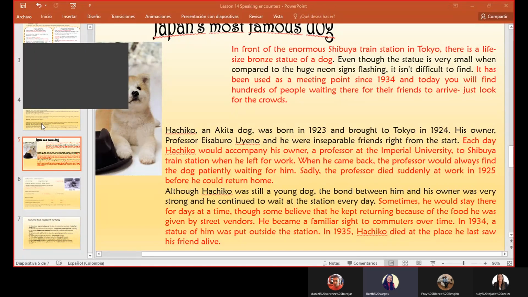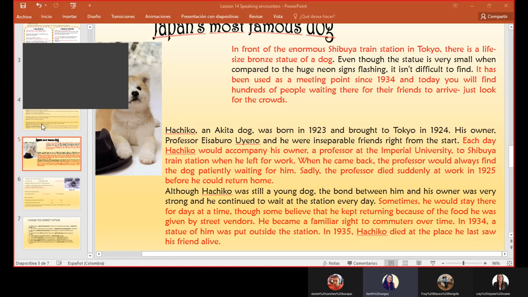Sadly, the professor died suddenly at work in 1925 before he could return home. Although Hachiko was still a young dog, the bond between him and his owner was very strong, and he continued to wait at the station every day.